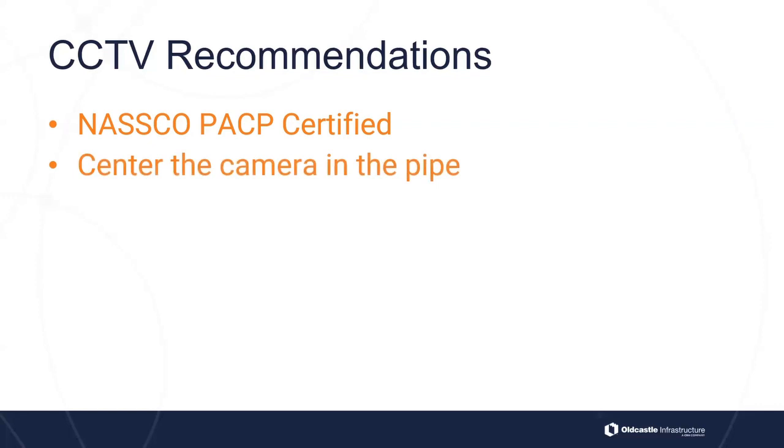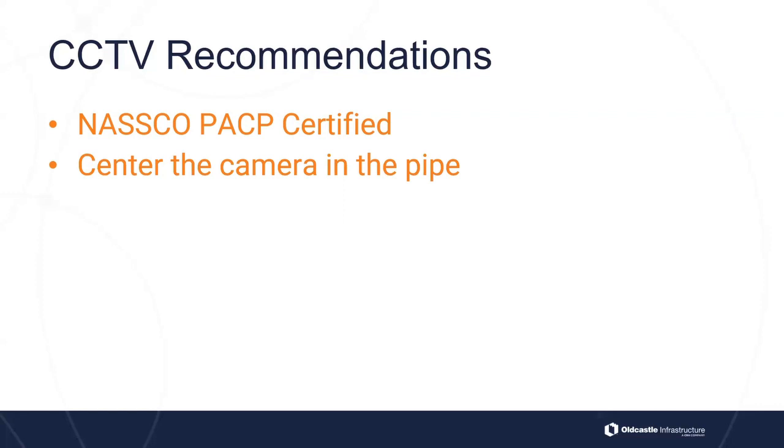Once we know that they're PACP certified, one of the recommendations is that we center the camera in the pipe. This is something that NASSCO recommends, but it's always good to make sure that as they go in there, the camera is centered in the pipe. When they're using these fisheye lenses to get the view, if it is not centered, if it's too far down, as they look at the bottom of the pipe and go around the joints, it may be zoomed in a little too far, and cracks or joint gaps may look a lot bigger than they really are.